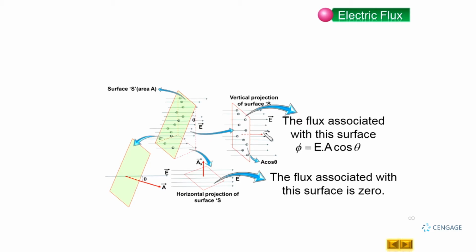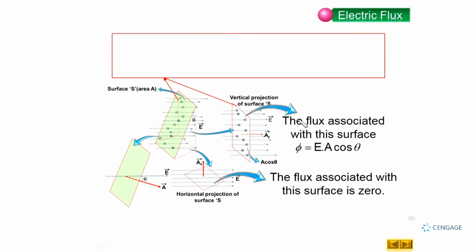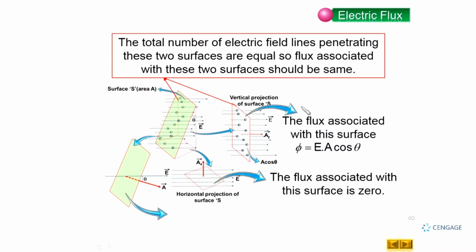Now we know the total number of electric field lines crossing any surface is proportional to the flux. And here we can simply observe the number of lines crossing this inclined surface and the number of lines crossing the vertical projection are equal. So we can say the flux associated with these two surfaces should also be the same, right?